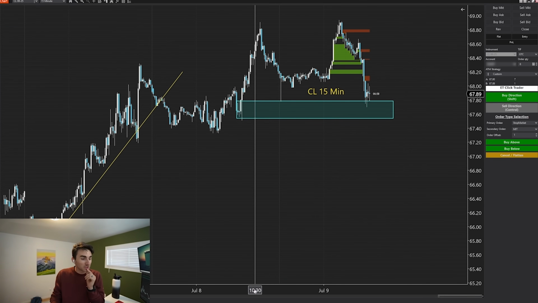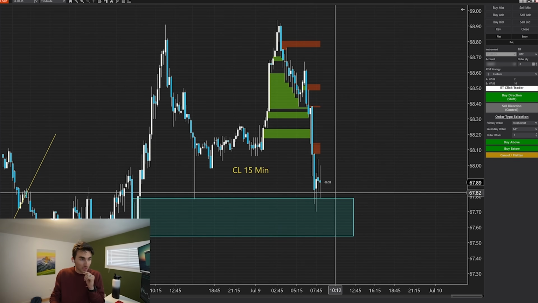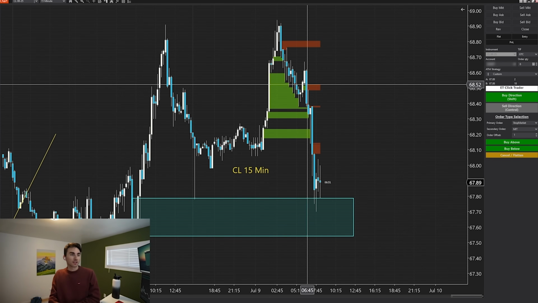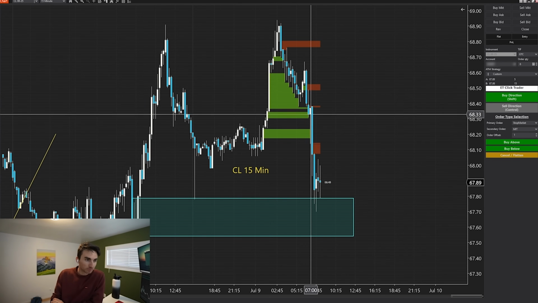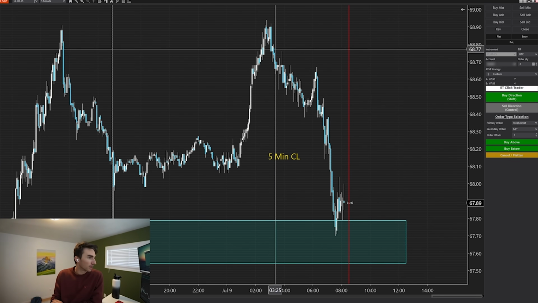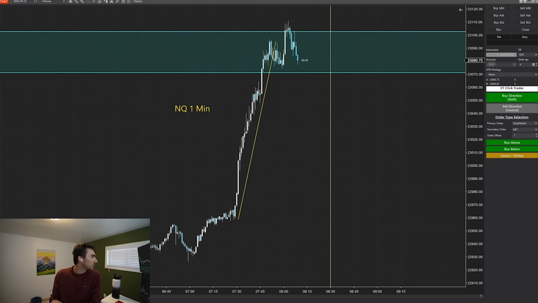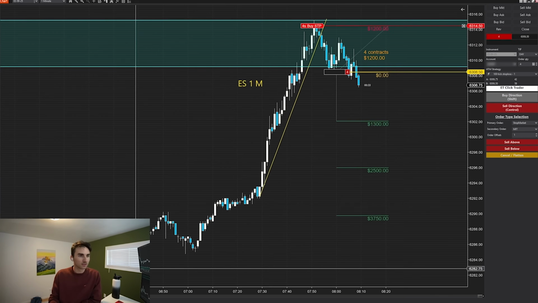I suck at oil longs, honestly. And when I look at it, this is just FOMO over seeing this move. Really the entry was this bar right here to catch that move down. Otherwise, it was just not worth it. If it bounces, but it's got news in 20 minutes, so unlikely.